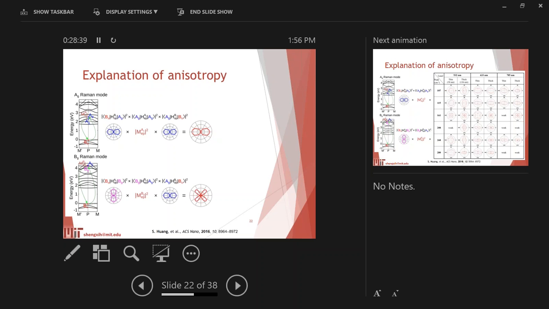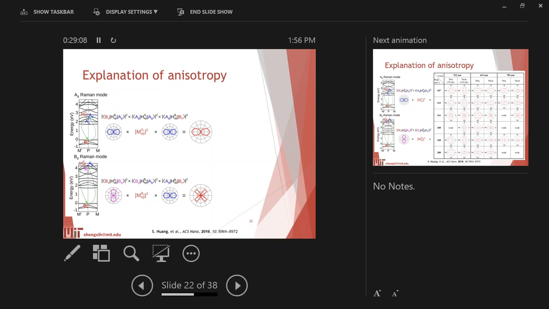So if we look at this Bg Raman, which is an asymmetric Raman mode, we can know that the two intermediate states here should have different symmetry. Therefore, one of the electron-photon interactions has the polarization along 90 degrees, and the other one has the polarization along 0 degrees. And the product of them gives us this shape, which has a 90-degree period.